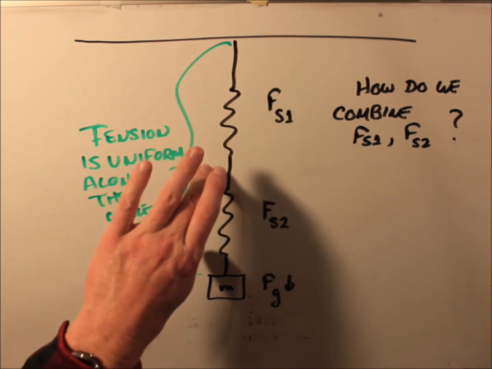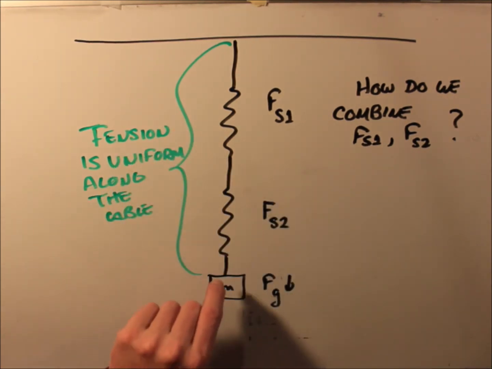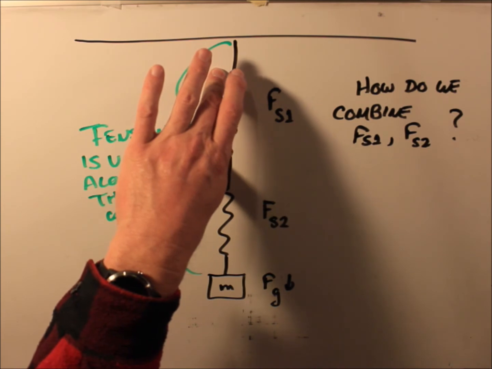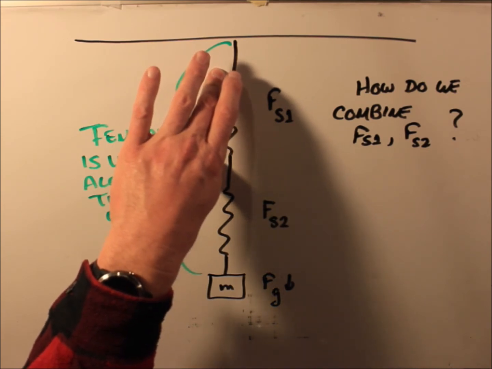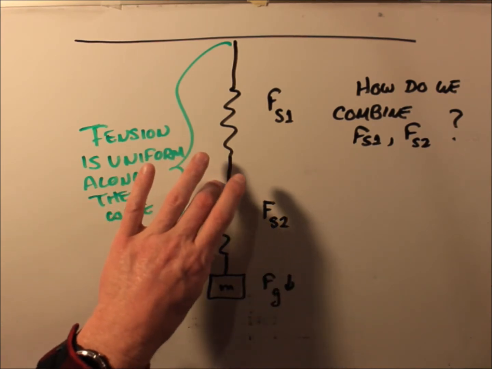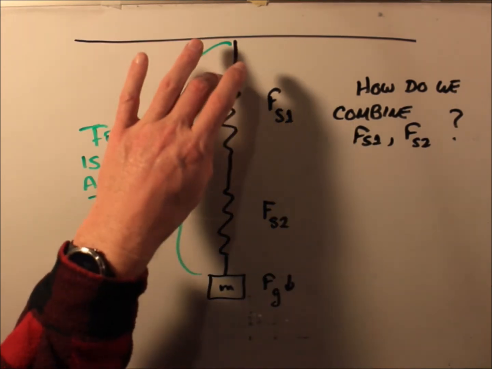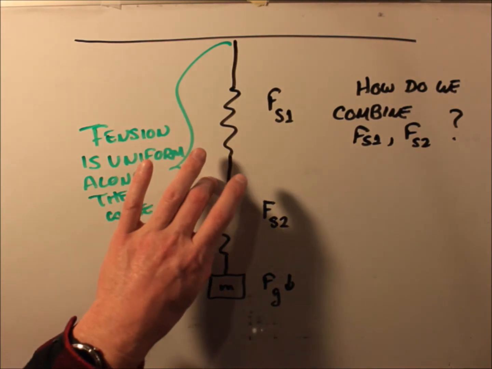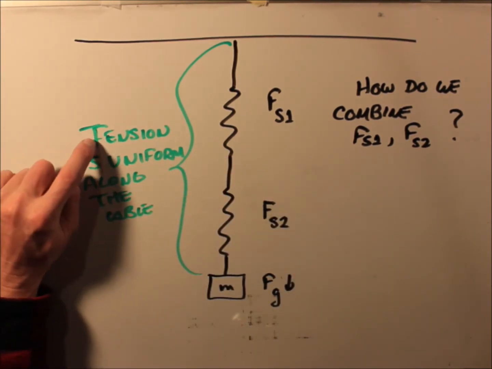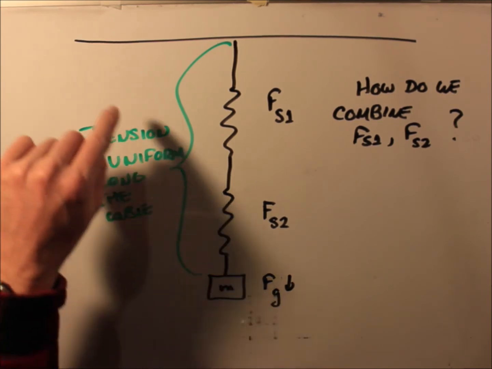And then we'll come down here. Now let's just imagine for a moment we're pulling on this with a certain force, and this spring stretches. Okay. Then if we were adding them together, would this one only stretch half of it and the other one stretch only half of it? That can't be. The tension is uniform.